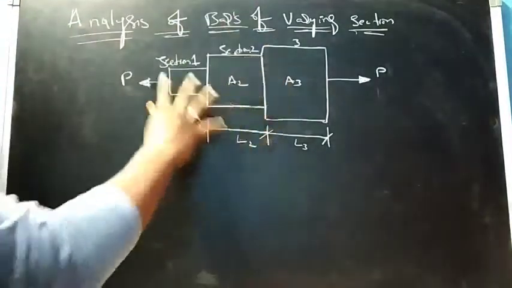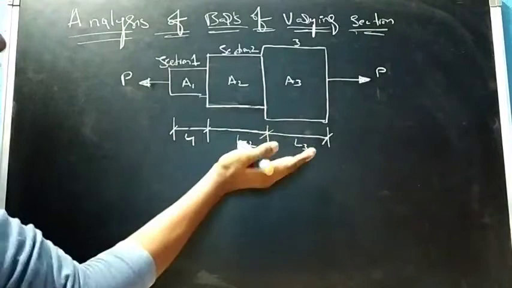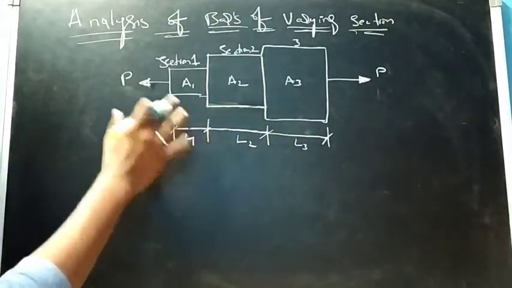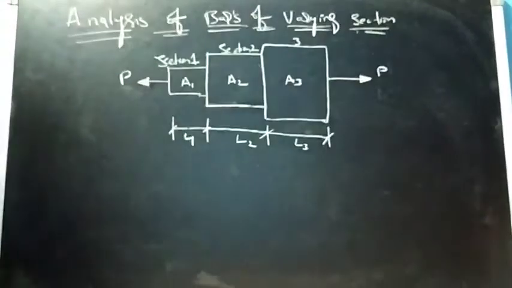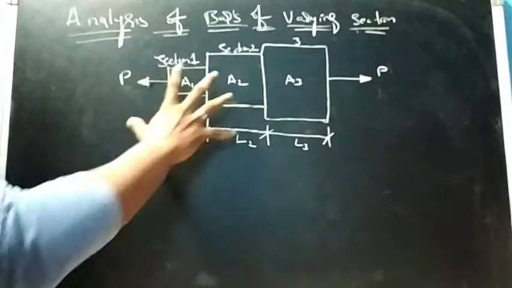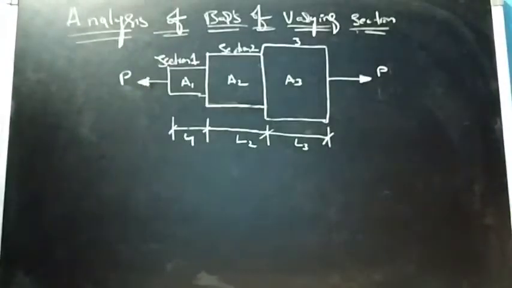The total change in the length will be obtained by adding the changes in the length of individual sections. So if you add individually, then you will get the actual stress and strain.